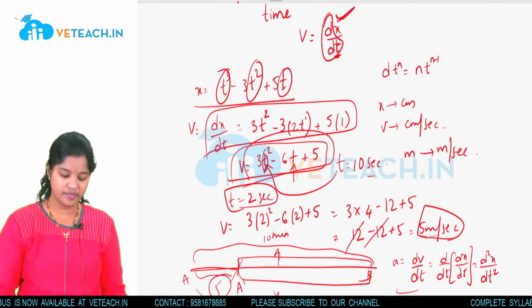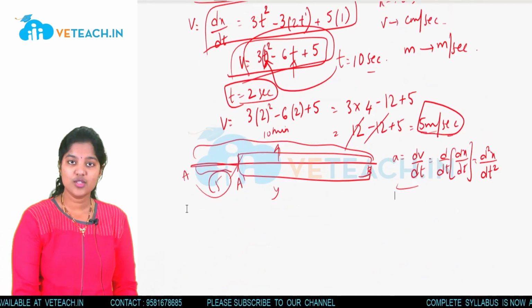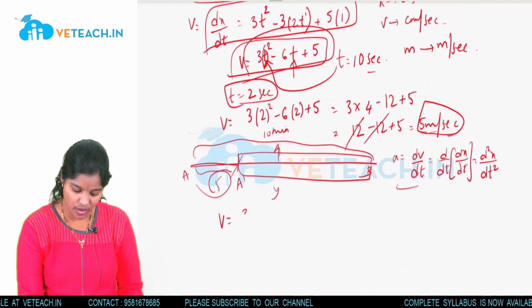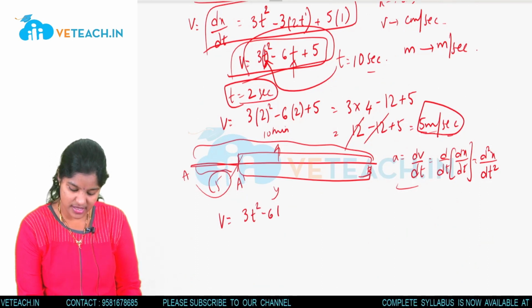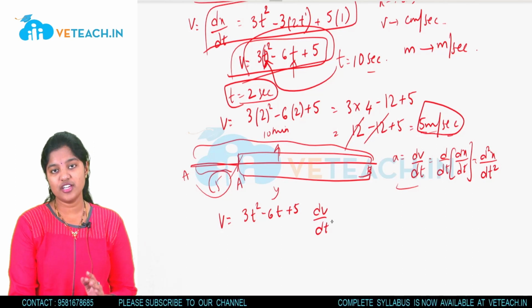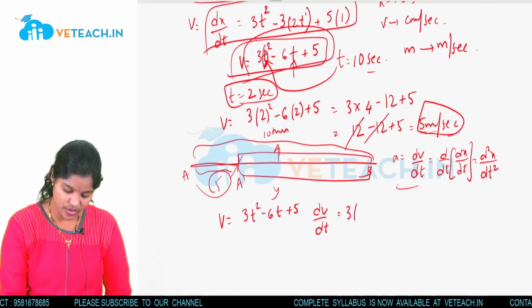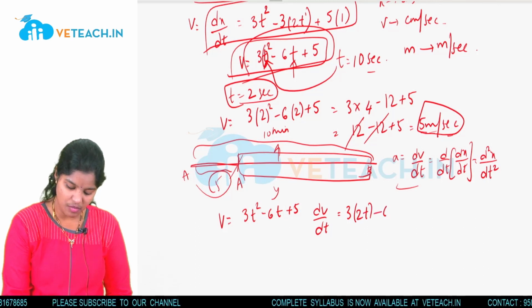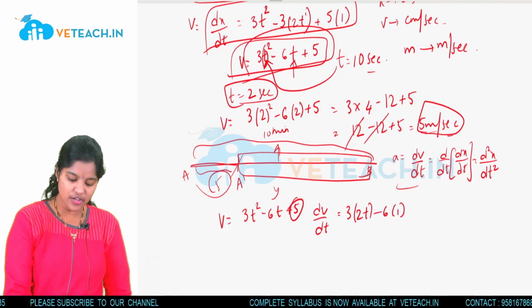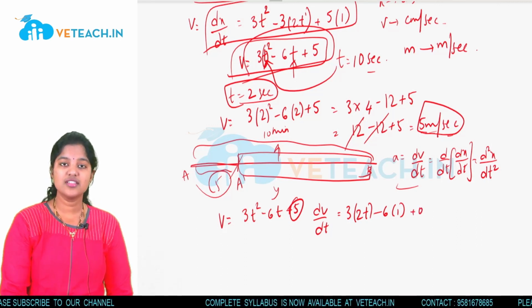Okay, now let us see. Here we have v is equal to 3t square minus 6t plus 5. Now dv by dt: differentiate this equation with respect to t again. So 3 into 2t minus 6 into 1. Differentiation of a constant is always 0. Why? Can you answer this simple question?